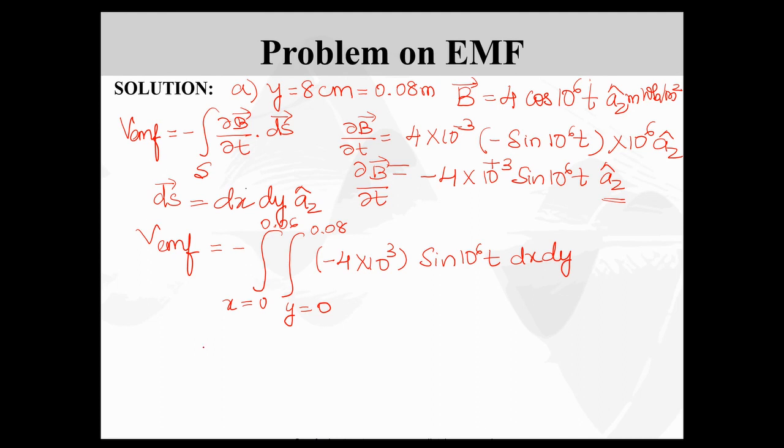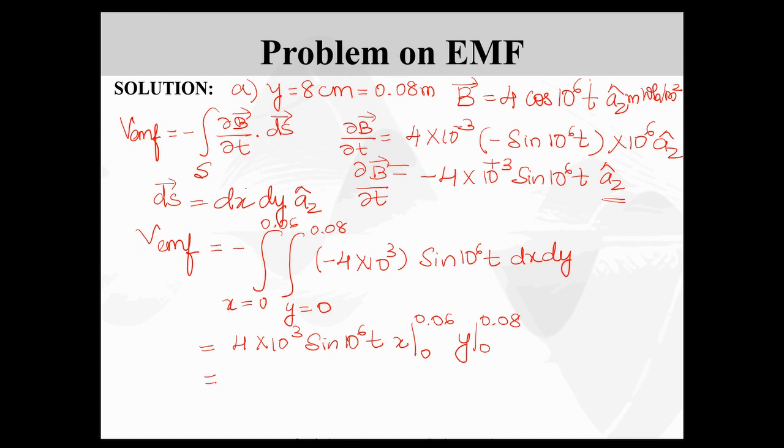Now applying the integration, minus into minus becomes plus 4 into 10 power 3. The sine part is also independent of the integration, so we can take it outside. So integration is simple in this case, where integration with respect to x is just x with the limit 0.06, and integration of y is simple, y with the limits 0 to 0.08.